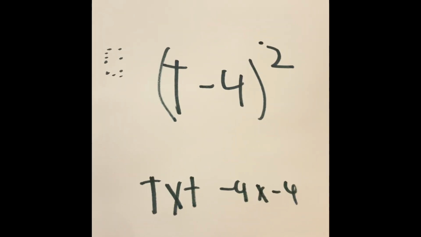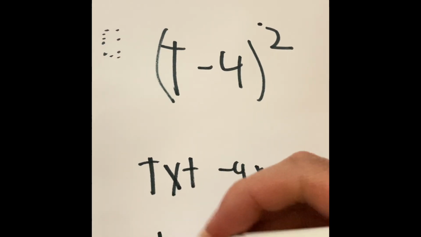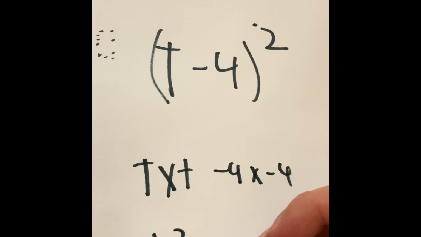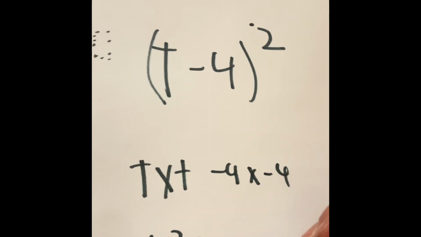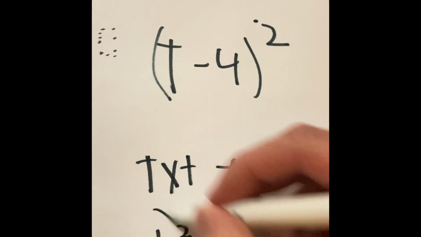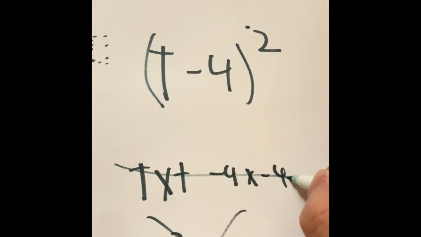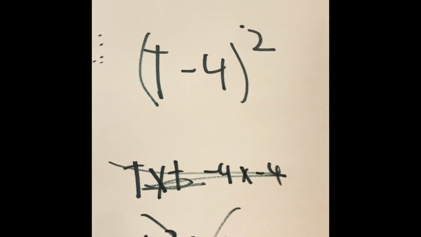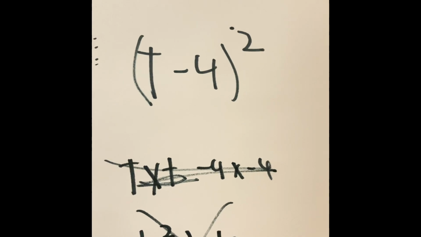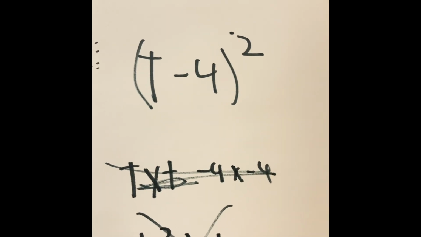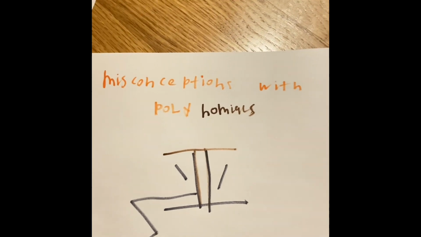That would be the incorrect answer. You get t squared plus 16. This is the incorrect answer because there's a different way to do it that will bring you to the right answer. So these are misconceptions about polynomials.